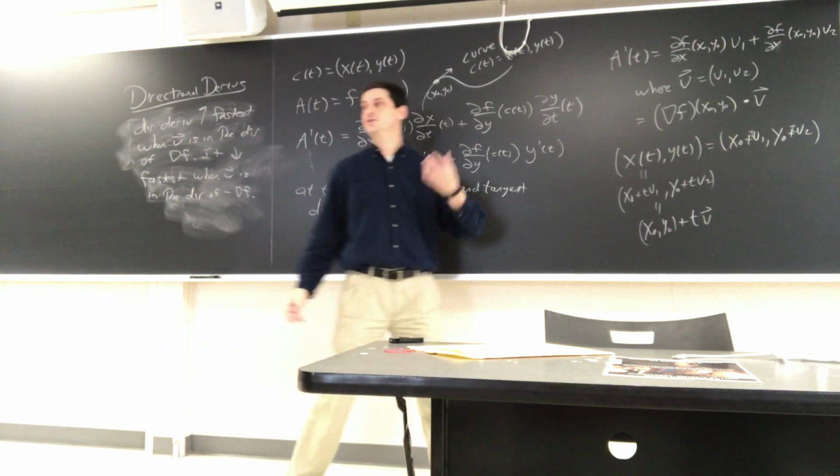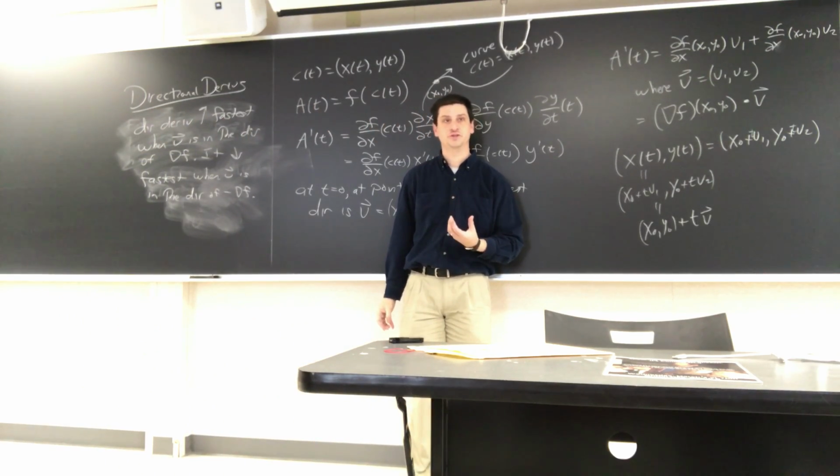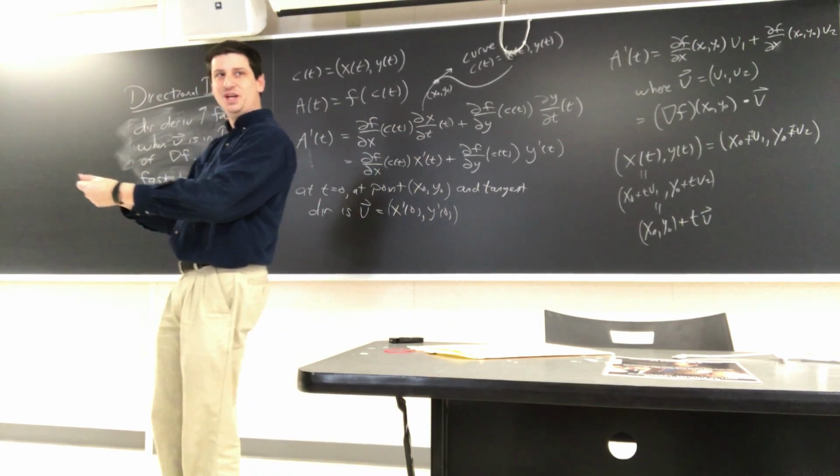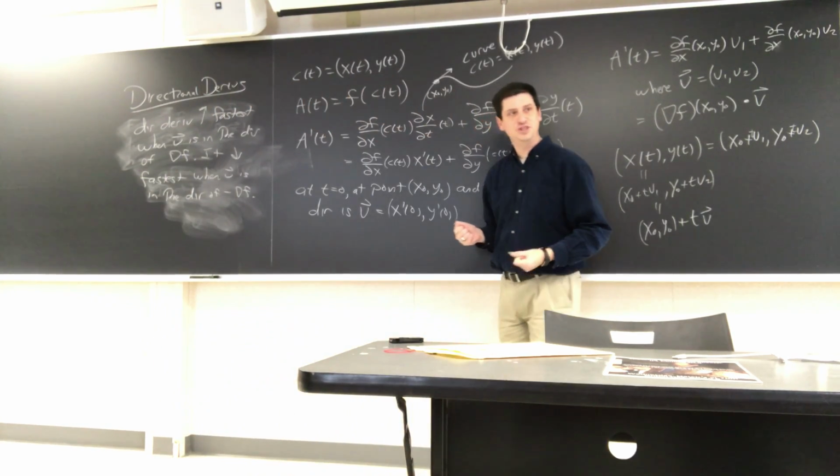So the gradient of f is pointing in the direction of the maximum change. There's a really nice interpretation of the gradient of f. So if you walk in the direction of the gradient of f, you're increasing as fast as possible. If you're walking in the opposite direction, you're decreasing as fast as possible.